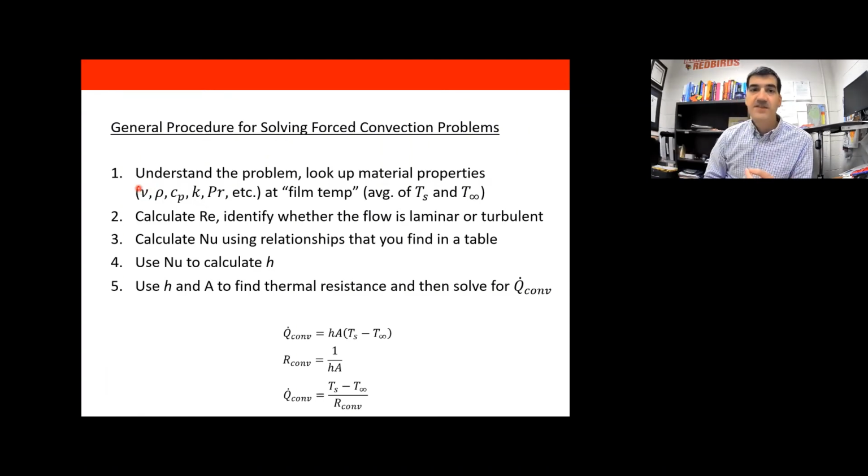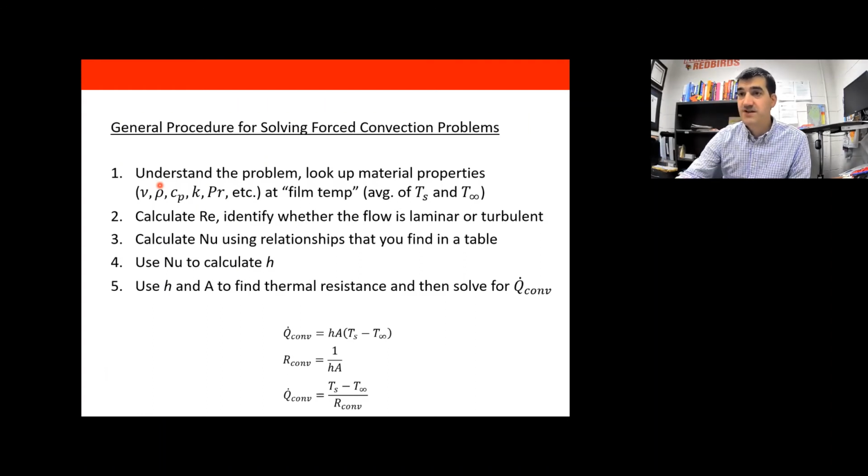For example, the density. If you're looking them up for air, you'll find that air has slightly different properties at different temperatures. So if you're looking it up in a table, you have to specify, is this air at 50 degrees Celsius or is it air at 10 degrees Celsius? It can make a difference in the material properties.